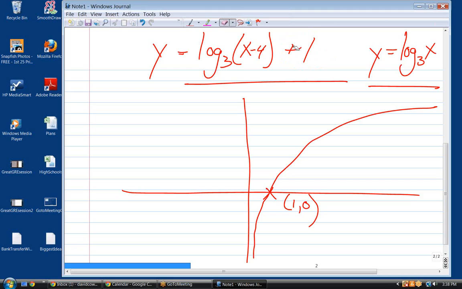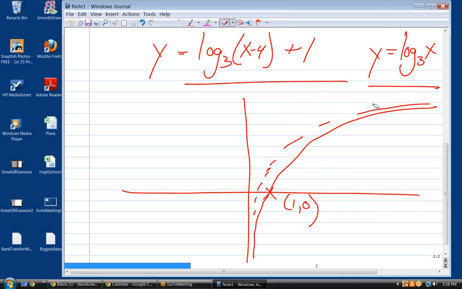So if I'm going to take my curve and move it up 1, that's what I'm going to do, if that's all I was doing. In other words, if I was plotting y equals log base 3 of x plus this 1, I would just move the whole thing up 1. And this point would be right there, and it would look like that.